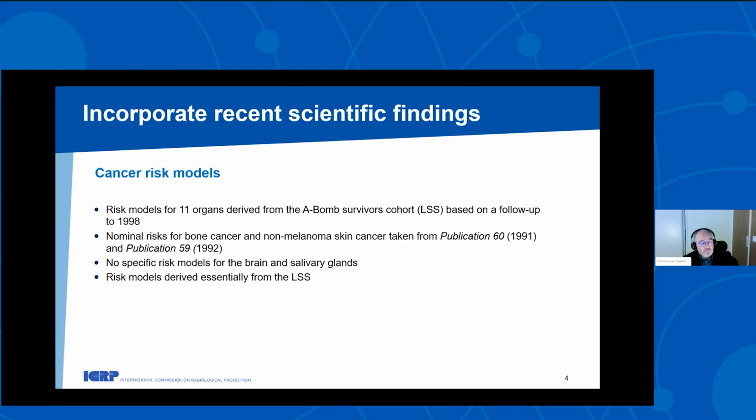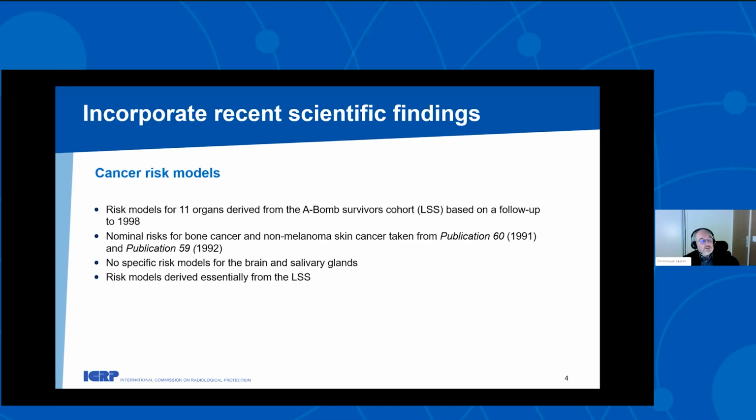And the nominal risk for bone cancer and skin cancer have been taken from Publications 60 and 59. And so the knowledge that has been used for the estimation of this nominal risk is from 1991 and 1992, so more than 30 years ago for these two cancer sites.